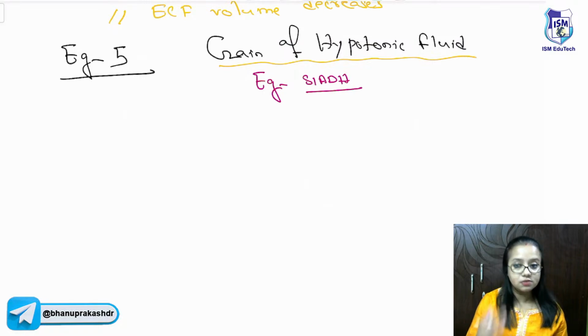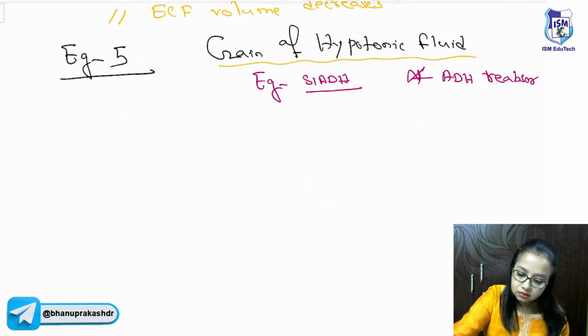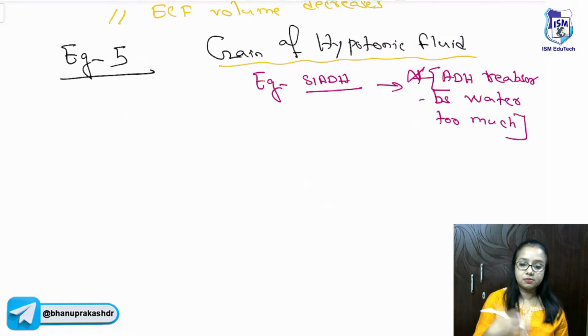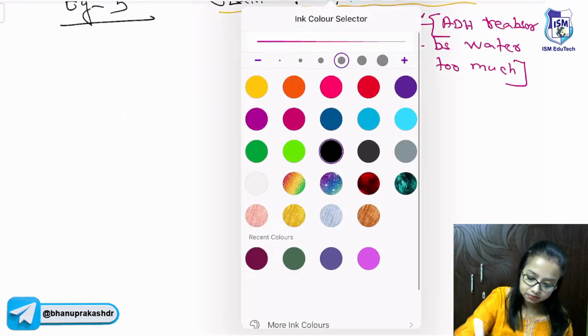Here, the ADH hormone, we know, reabsorbs water. ADH reabsorbs water, here too much. The ADH hormone is functioning too much and it is reabsorbing water in large quantity.